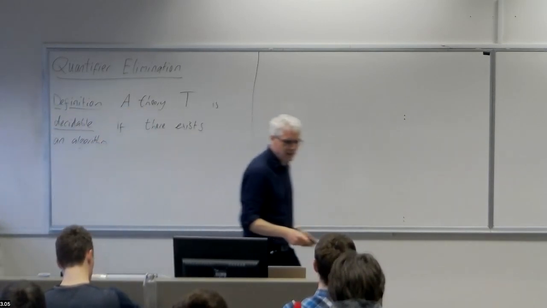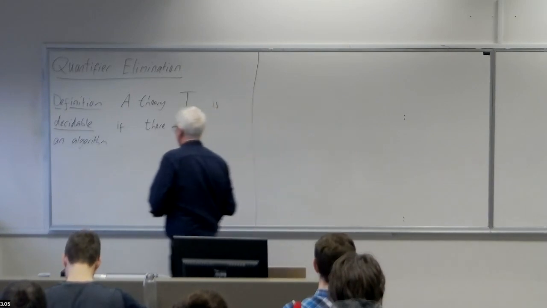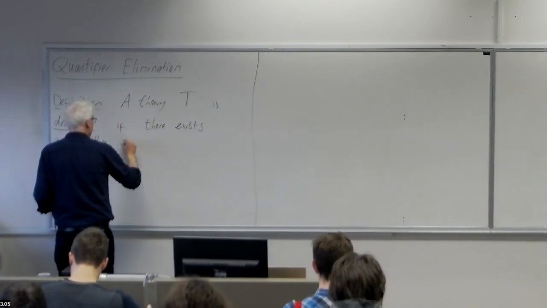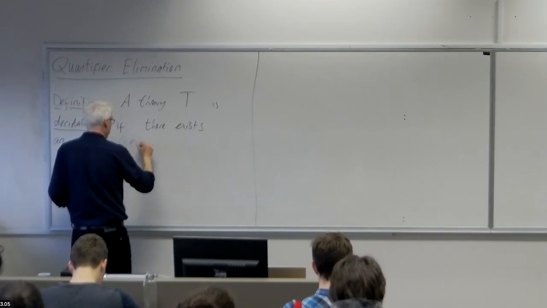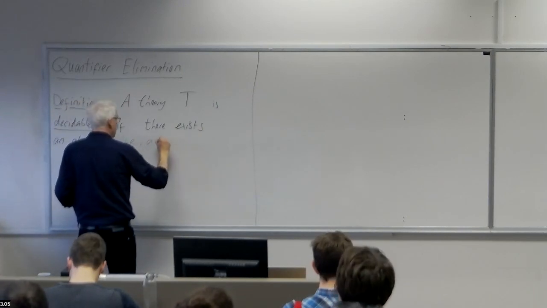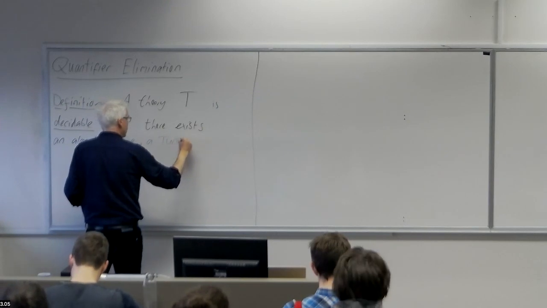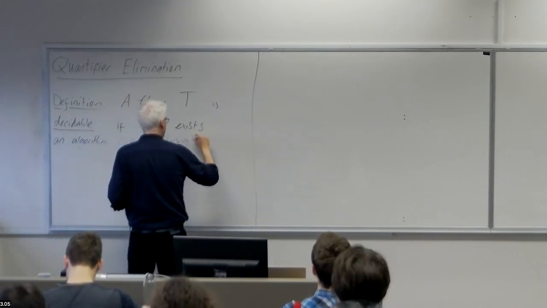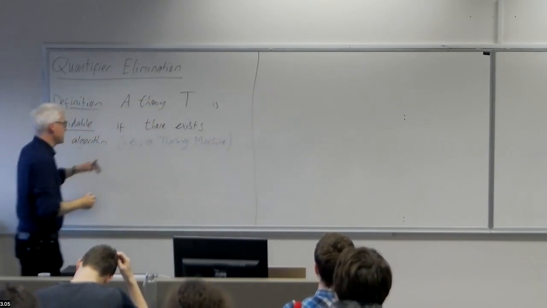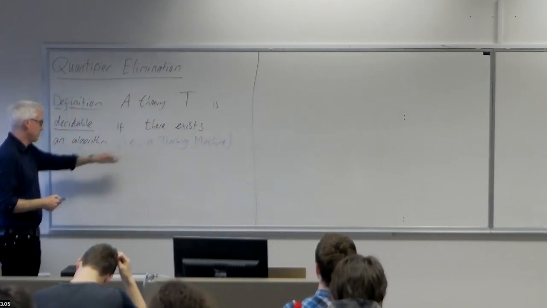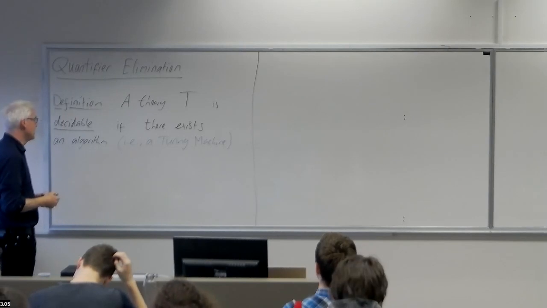The precise definition of algorithm involves any one of a number of models of computation, which are not the topic of this course. So this is not important for this course, which is why it's in blue and in brackets. But just to say, one can make this notion of algorithm precise by the notion of Turing machine.